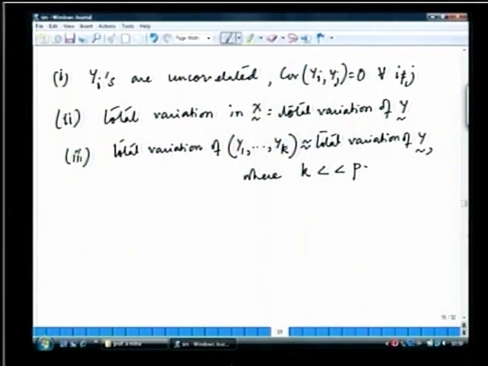So these are the three basic features of the new variables, the principal components, which are basically linear combinations of the original variables that we have listed here. They form the crux of the whole exercise, and we have to be careful in constructing our principal components in a manner so that all these three properties are satisfied.